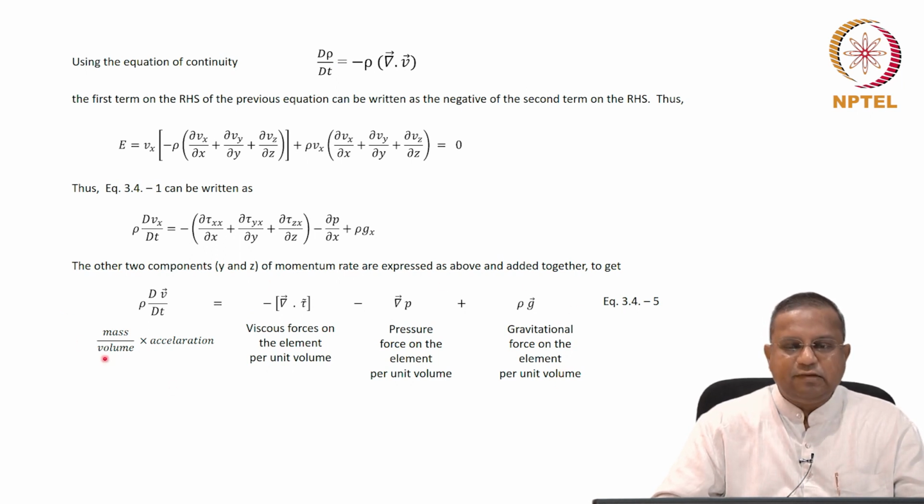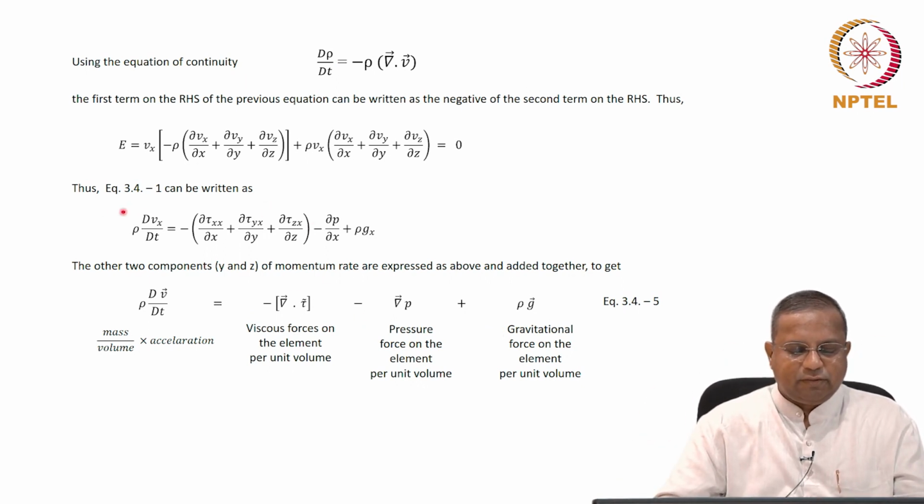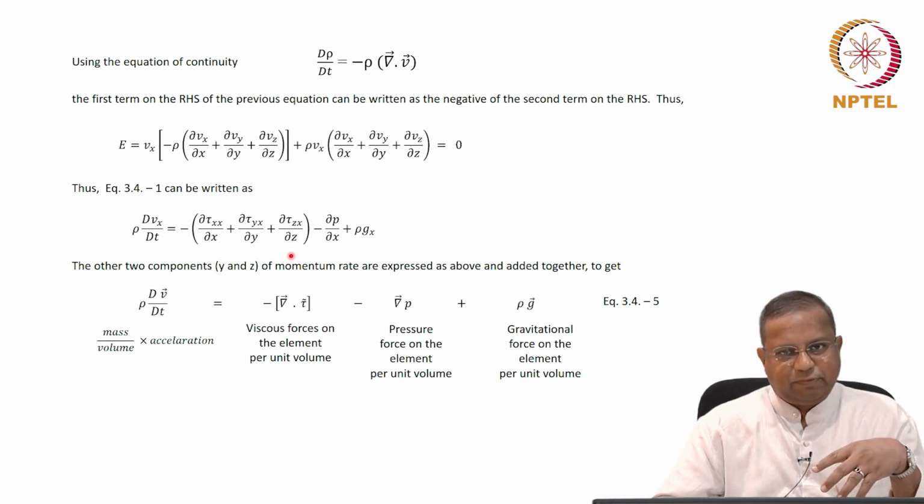So this is a nice compact way of writing the momentum balance equation. This is the overall vectorial momentum balance equation, a short nice way of writing all the terms that we wrote earlier for each of the directions separately.